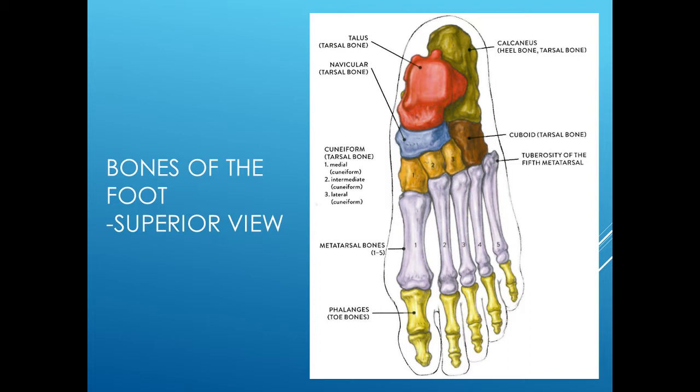Notice how it doesn't have a smooth transition there. So that's the tuberosity of the 5th metatarsal, and then the metatarsals are labeled 1 through 5, and again the phalanges. Distal is the tip, and proximal is the one closer to the foot. And then this one is just called the middle.